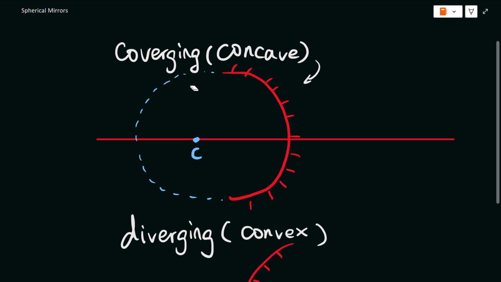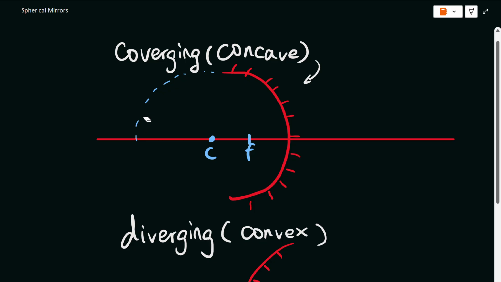So this should be placed somewhere here. And halfway to the center, we have the focal point of this concave converging mirror.